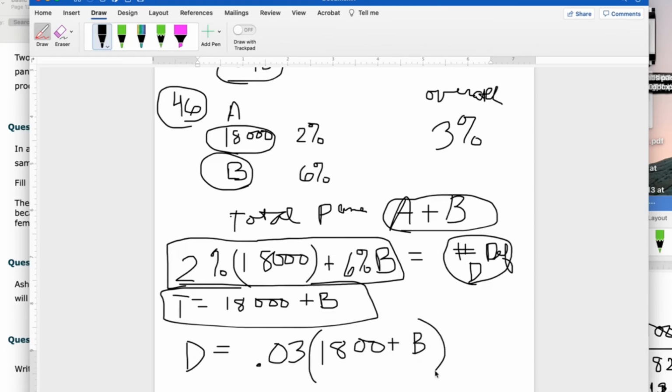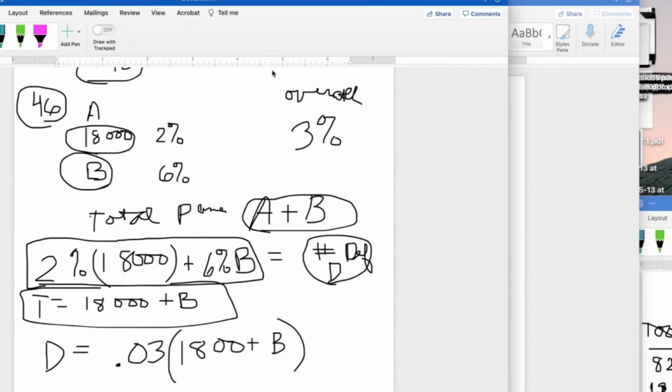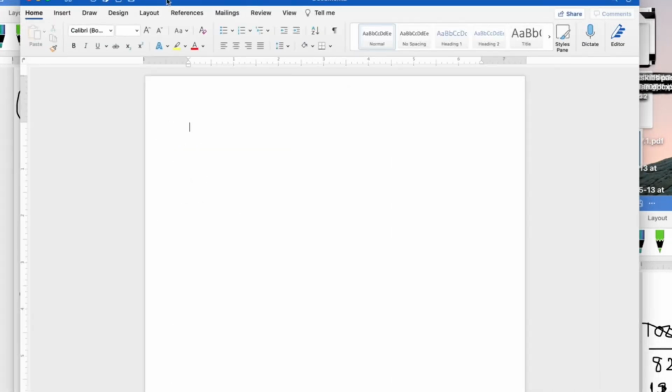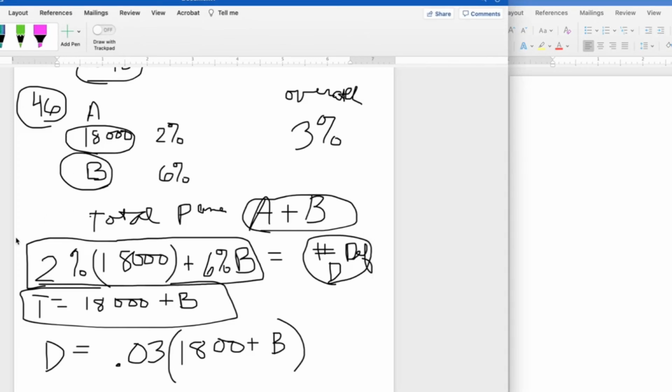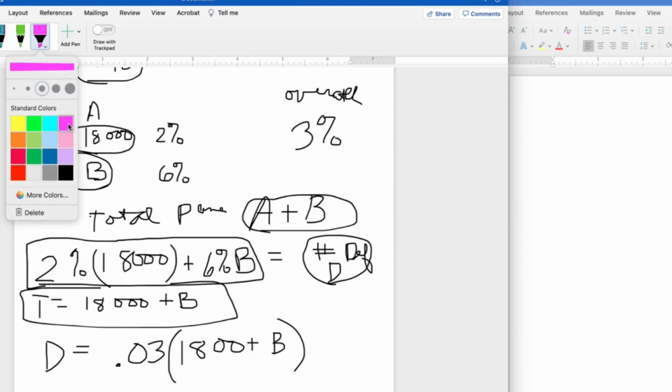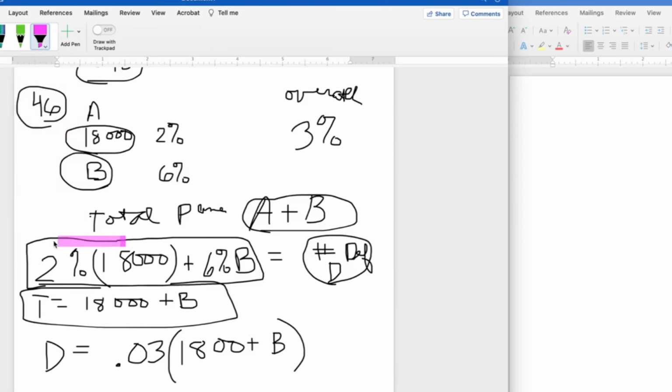Now, I'm going to have to get another little sheet here because I ran out of room. That's okay. On my other sheet, look at what we've got. I'm going to get a little highlighter here and highlight this right here. This is equal to defective.